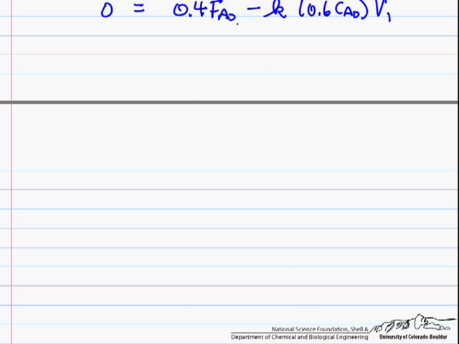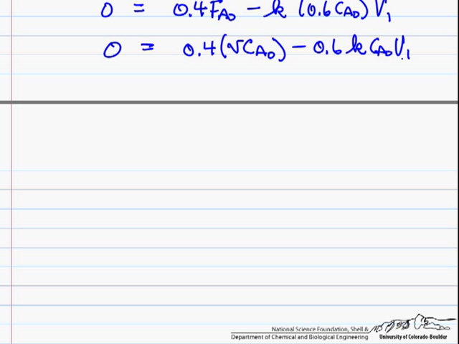We can rearrange this equation, and the 4/10: the flow rate coming in is the volumetric flow rate times the concentration coming in. CA0, of course, cancels out of the equation, and we relate k and volumetric flow rate.